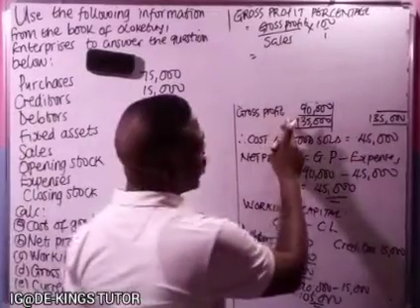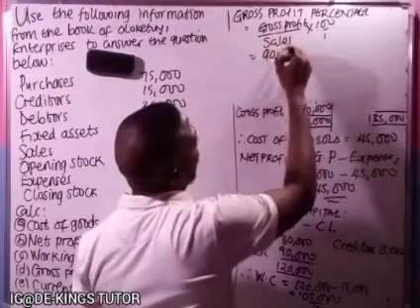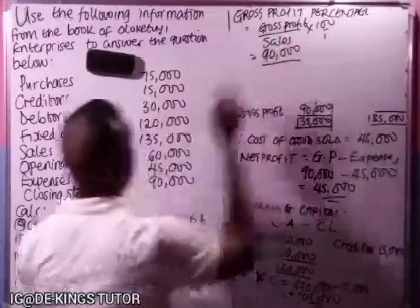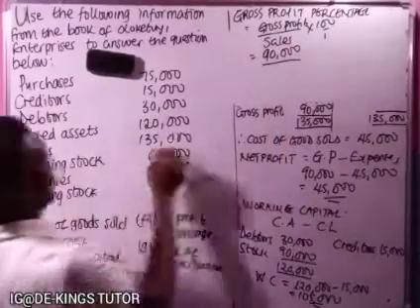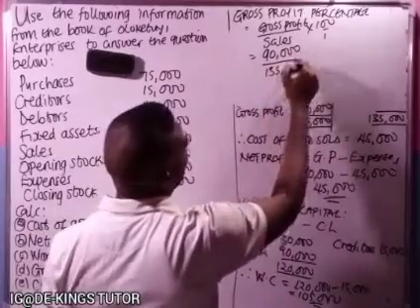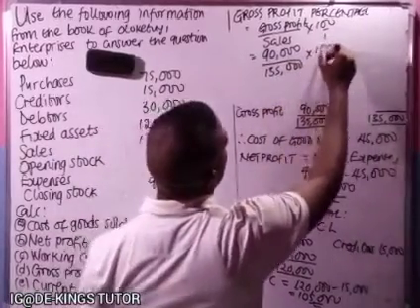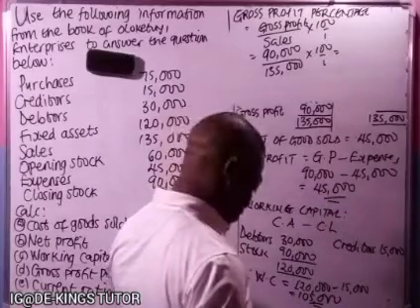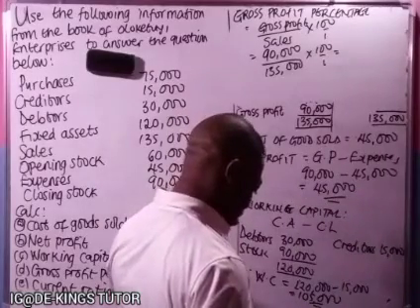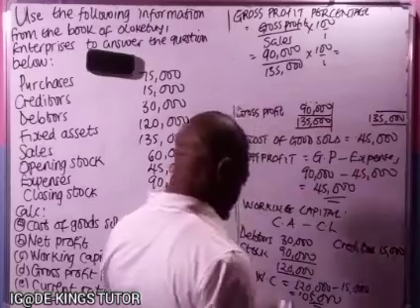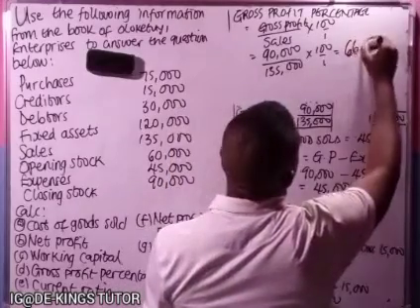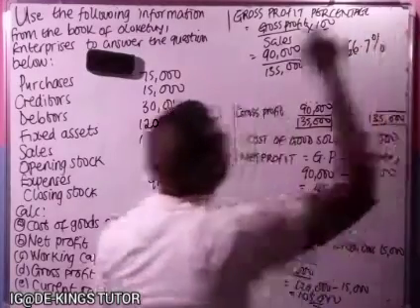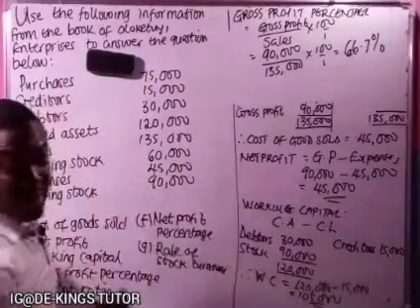Now we've already solved our gross profit as 90,000. So I have 90,000 divided by, what is our sales? Look at sales here as 135,000 times 100 over 1. So if we do that, this will give us 66.7%. So that's the gross profit percentage.